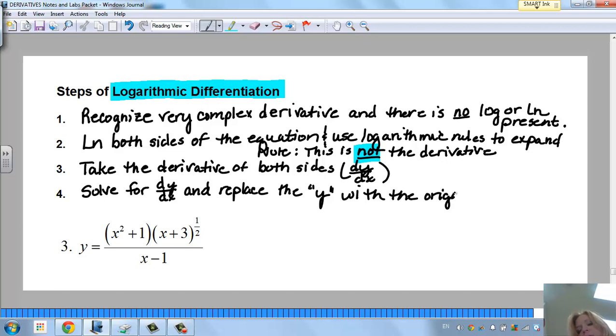Now, don't worry if this doesn't make sense quite yet. We're going to do some examples so you know exactly what I mean.